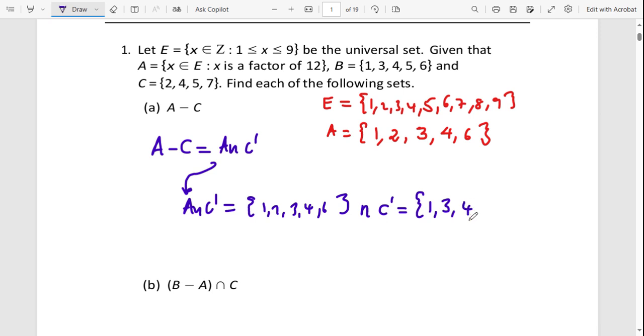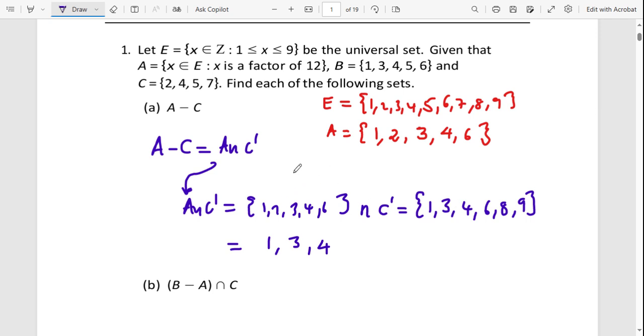I'll write 4. I'll not write 5 because it is part of C. I'll write 6. I'll not write 7 because it's part of C. I'll write 8. And then I'll write 9. Now we want where these two sets meet, or what is common. So we have a 1, a 3, a 4.